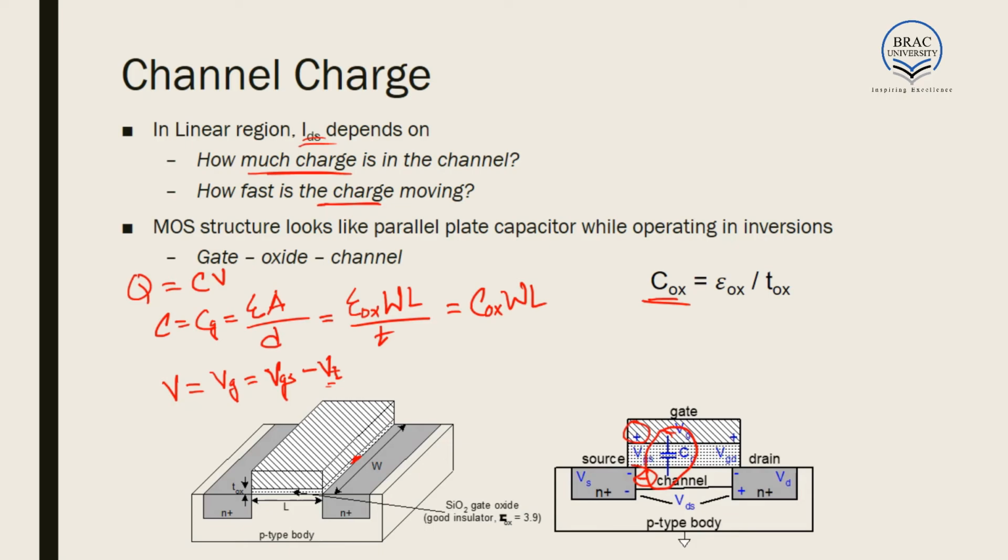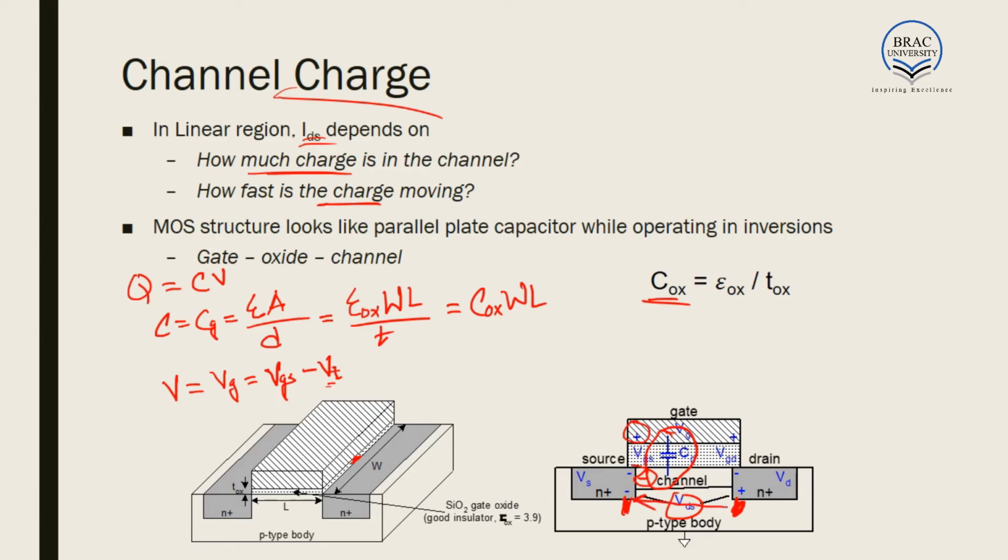Now, another voltage plays its part, that is VDS. VDS is a voltage from drain to source, and here at this point the voltage is maximum, and at this point the voltage is minimum. And this channel charge we are considering for the linear region, that is, the channel is acting as a resistor in this region. As a result, there is a constant voltage drop across the resistor.